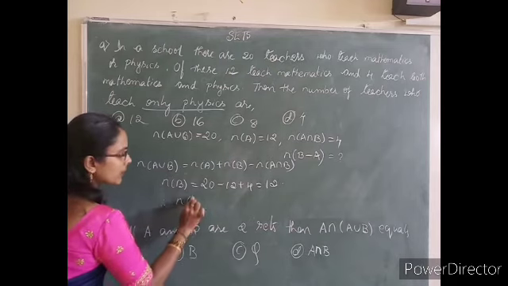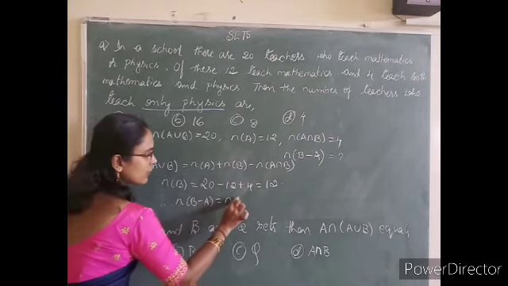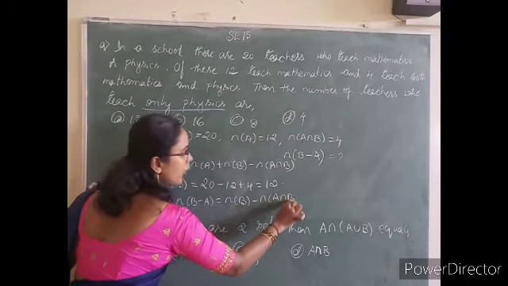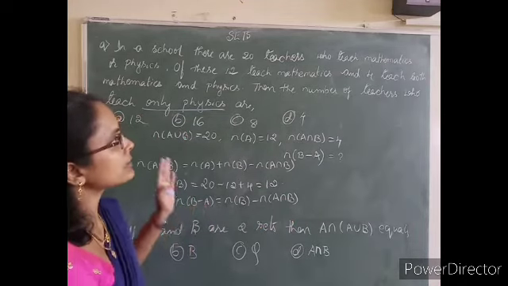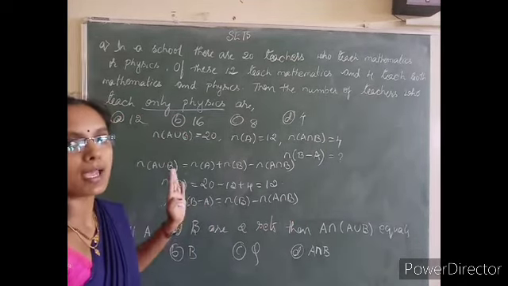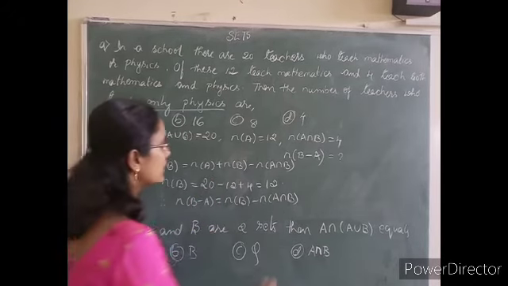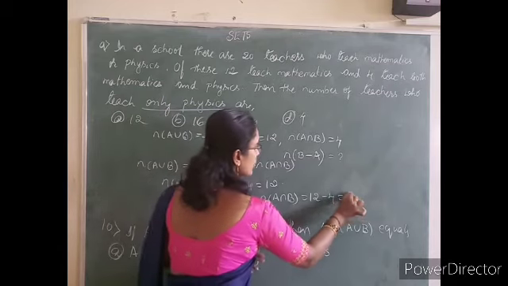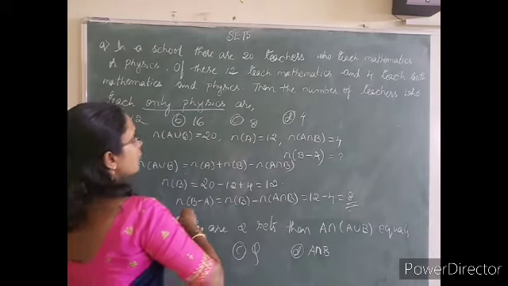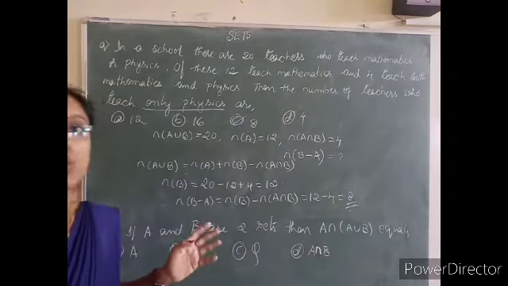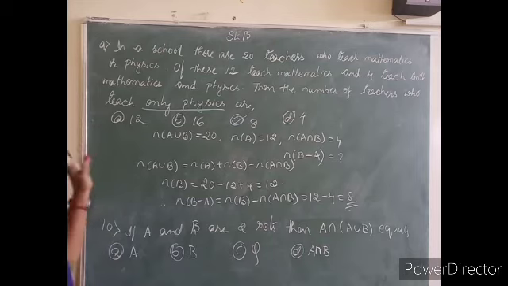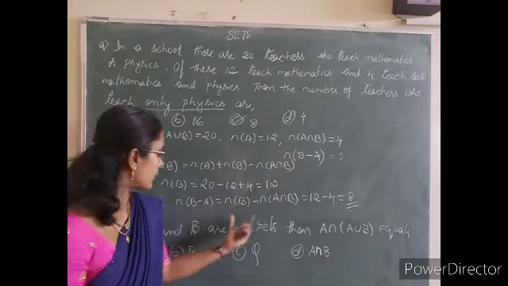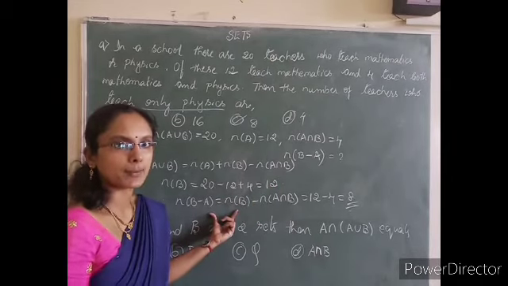Therefore, n of B minus A is the set of all elements of B, deleting the common elements to both, that is the teachers who teach both maths and physics. We are deleting those numbers. So n of B is 12 and n of A intersection B is 4, so total 8 here. Therefore, option C will be the answer. If they ask the number of teachers who teach physics, then this would be the answer, but here it is only physics. Therefore, you have to calculate n of B minus A.